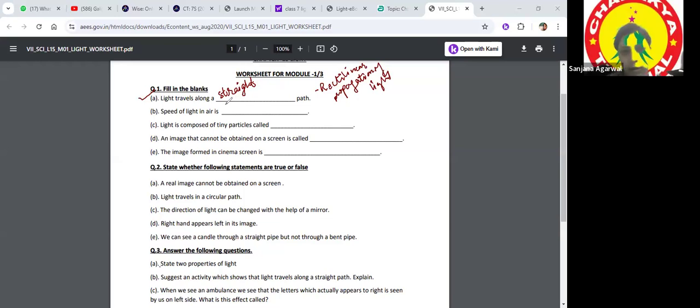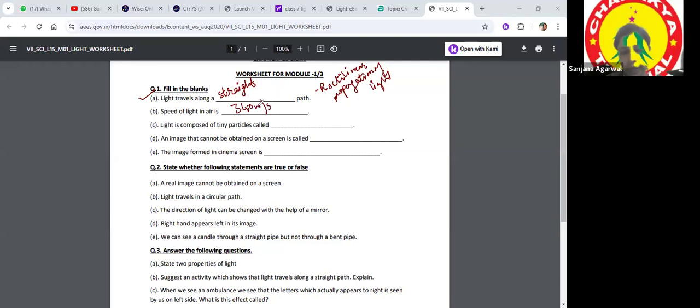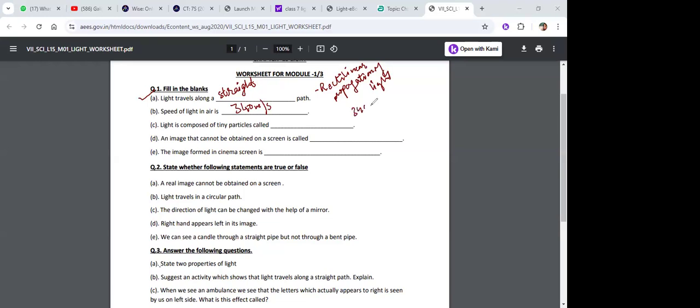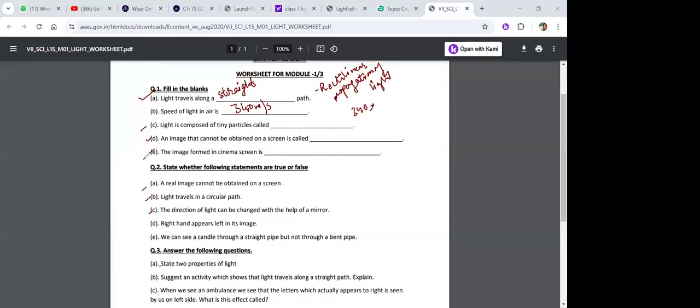Like 340 meter per second. Yes, we can convert it into kilometer per hour also. Just convert this quickly and solve other parts. 0.34.